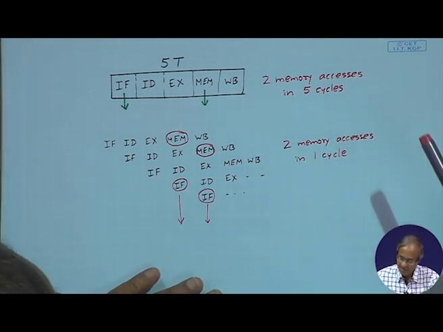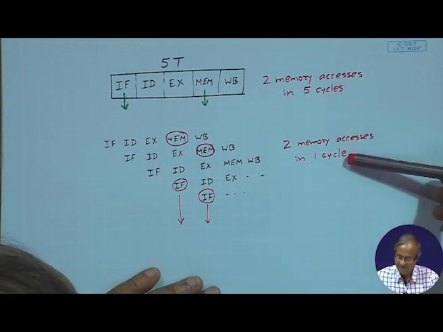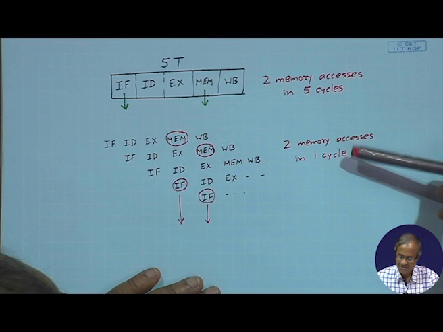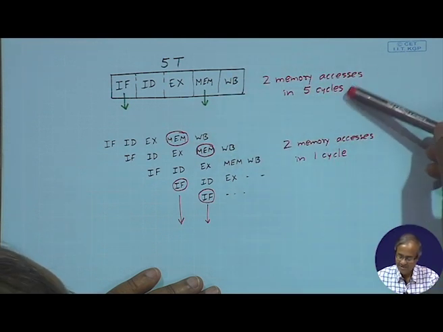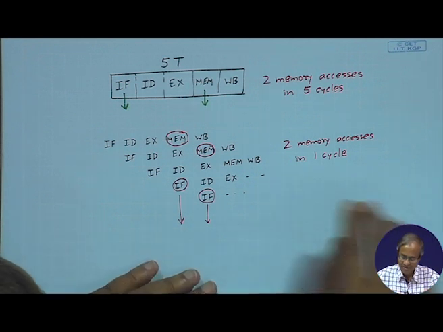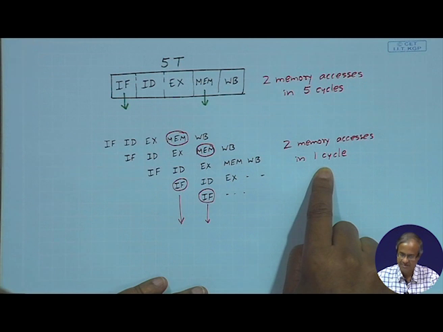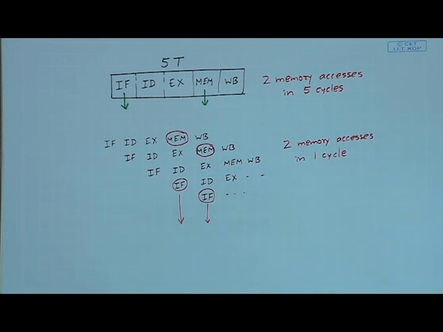It means simply that my memory bandwidth requirement is increasing 5 times. Earlier the data transfer rate, whatever was there for our memory system, here we are demanding 5 times the bandwidth. Okay. So, this is a big issue.